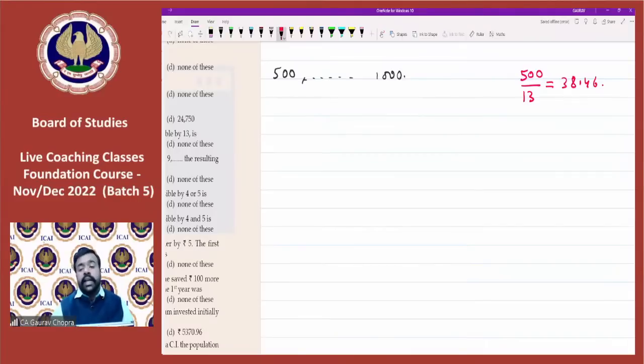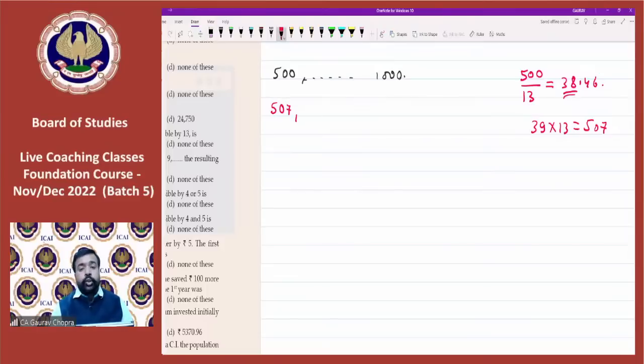It means that 38 numbers are before 500 and the 39th will be after 500. So now what you have to do? 39 multiplied by 13. It will be 507. So 507 will be the first multiple of 13.